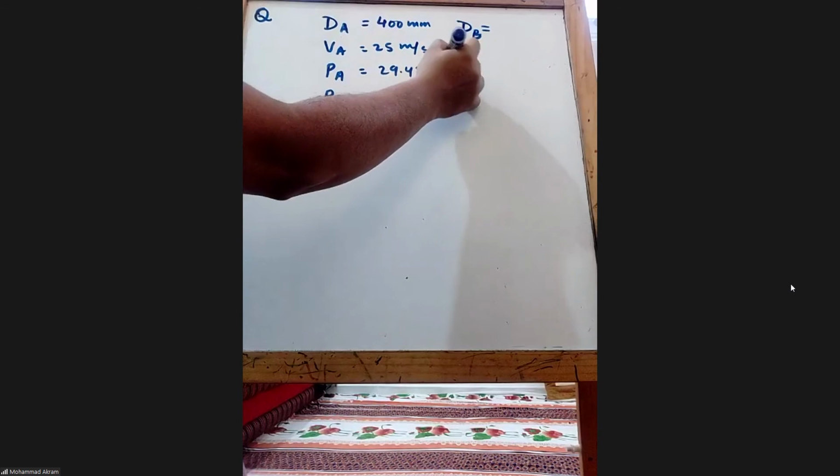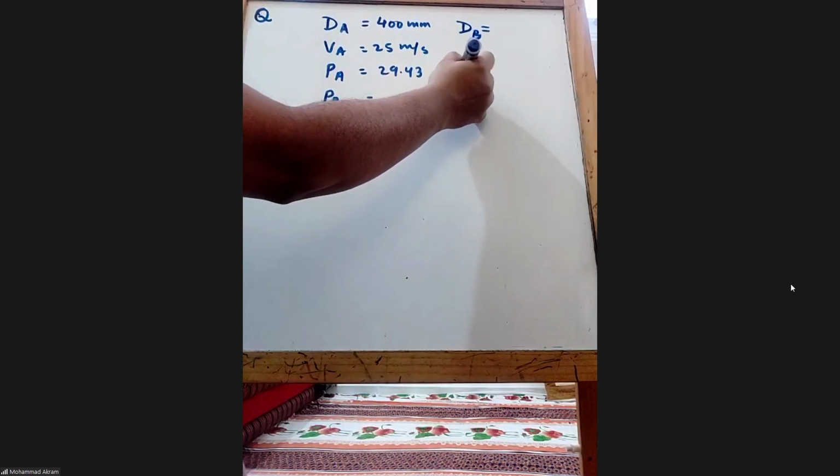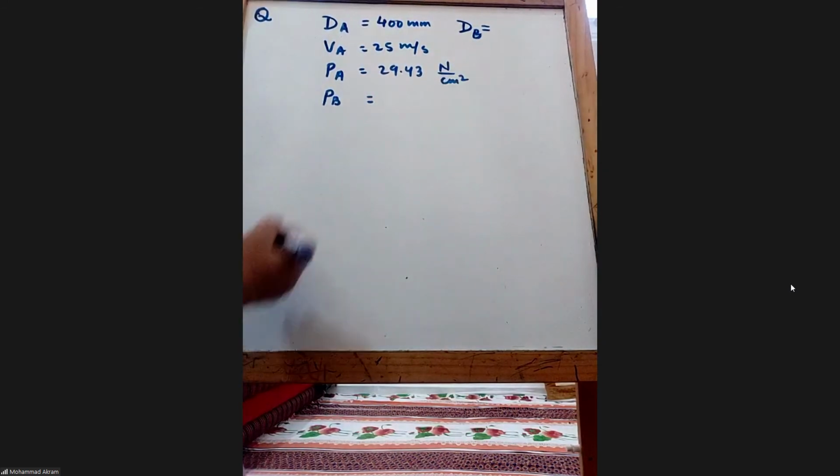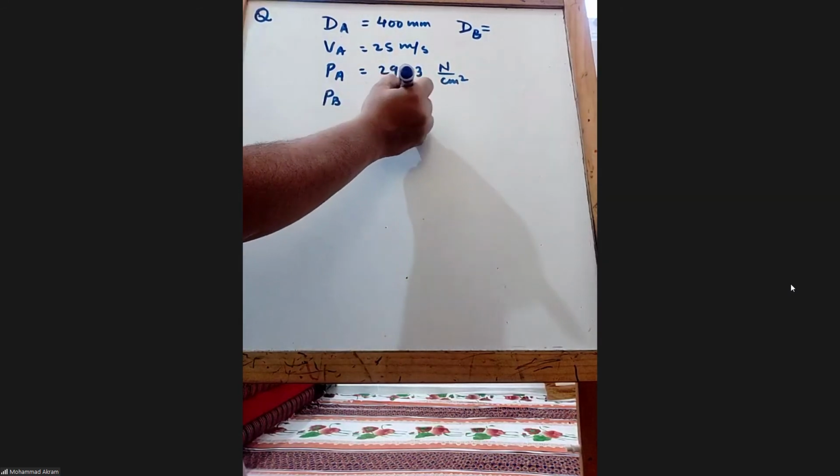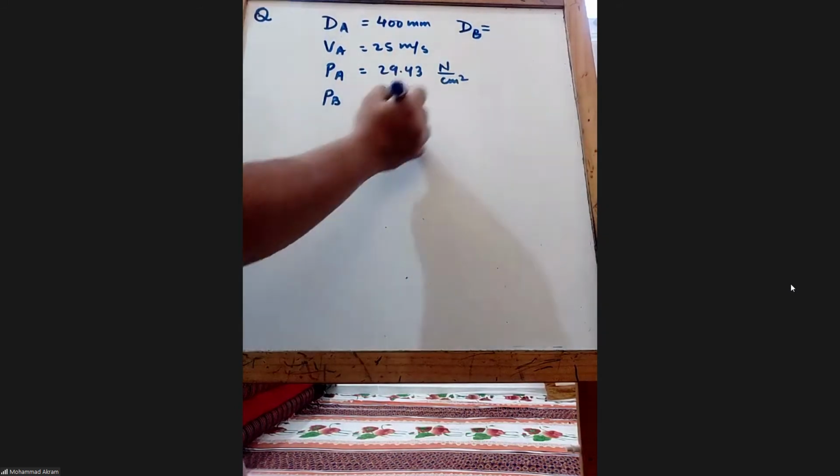29.43 Newton per centimeter square, and this one PB is 22.56.